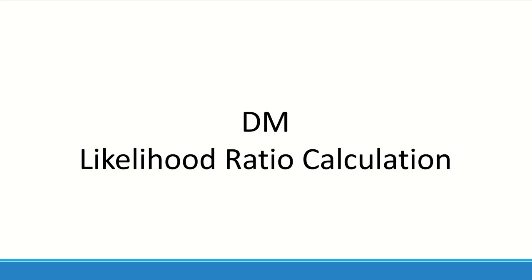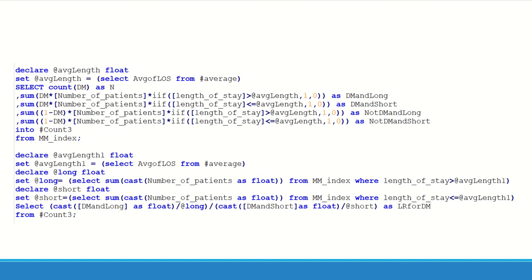The next step shows how to calculate the likelihood ratio for diabetes. Like the myocardial infarction and coronary heart failure example, we keep the backbone of the code the same.